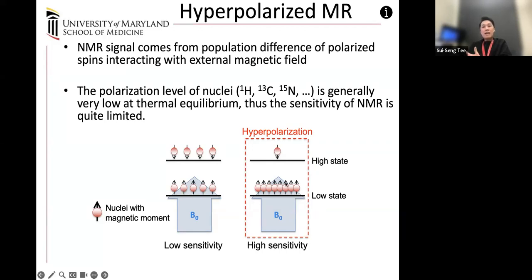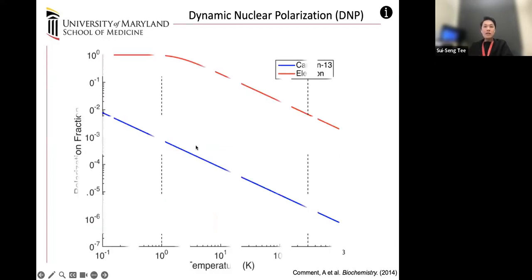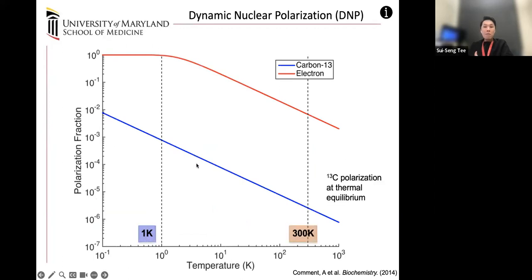But the main innovation in hyperpolarized technology is the fact that we can force these population differences, right? So now the signal difference is amplified because we have artificially introduced a spin state that has a bigger difference, right? And the way we do this is through a hyperpolarization process through dynamic nuclear polarization, right?